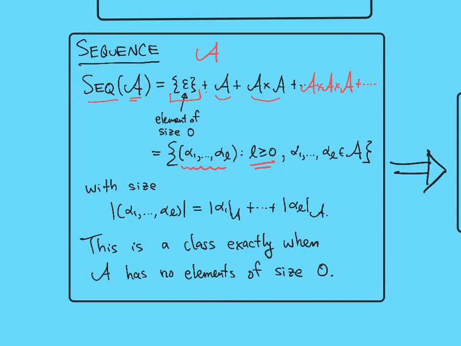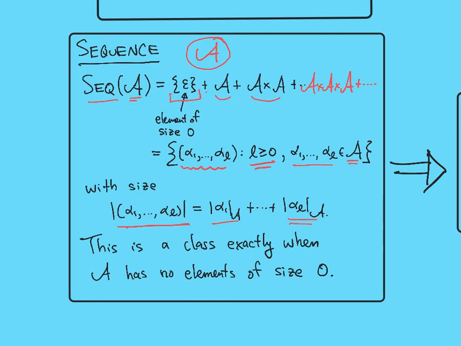L equals 0 is allowed, and that's just this neutral class, the empty sequence. Then alpha 1 through alpha L have to belong to A, and we'll use the same size function that we've used for L-tuples above. So the size of this sequence is just the sum of the sizes.